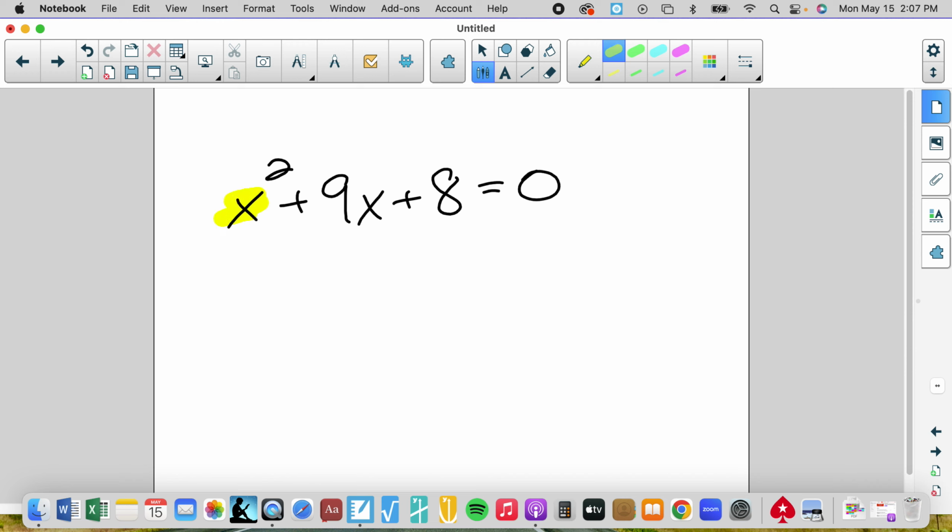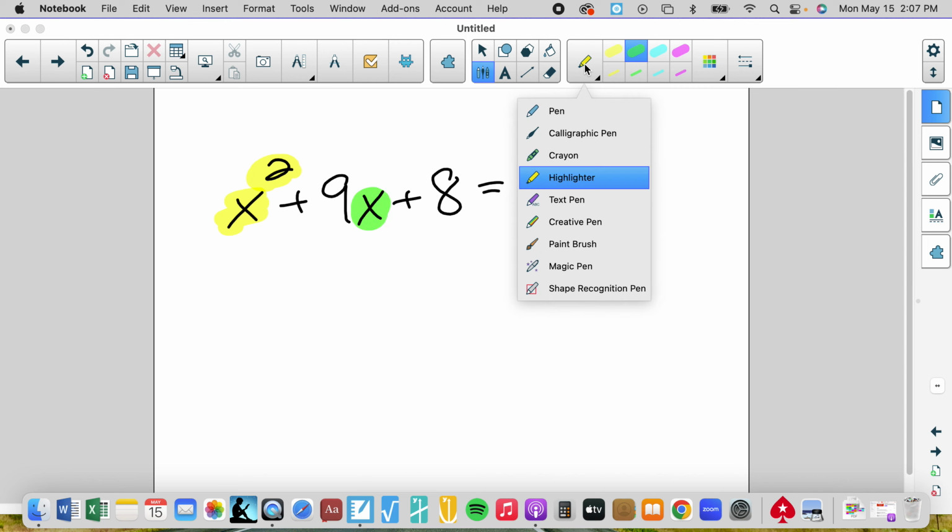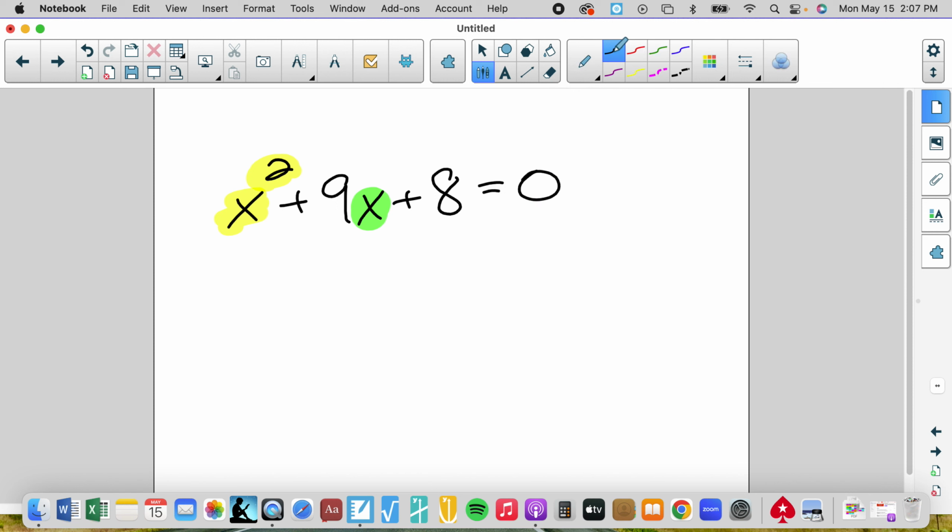We're going to attack this problem differently because we have a variable to the second power and then a variable to the first power. So the techniques we can use are different from a problem like this one.